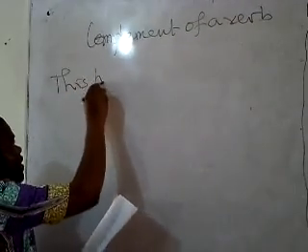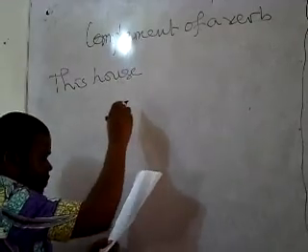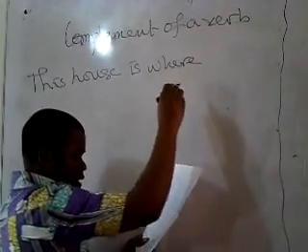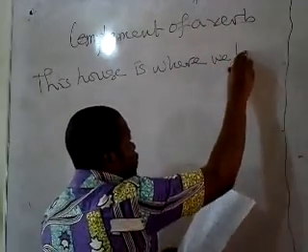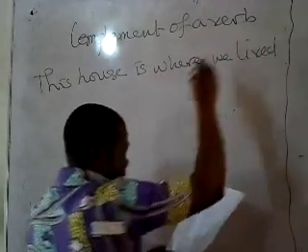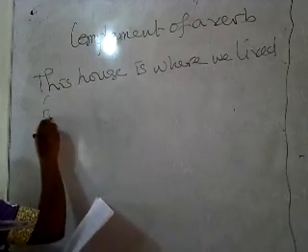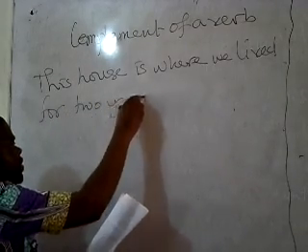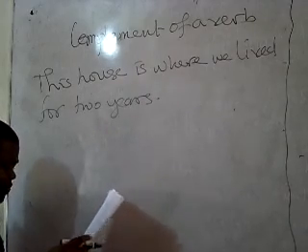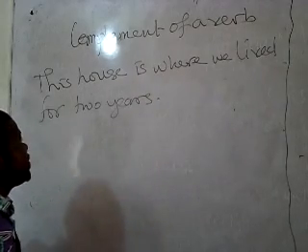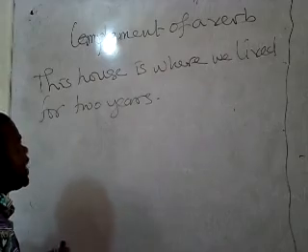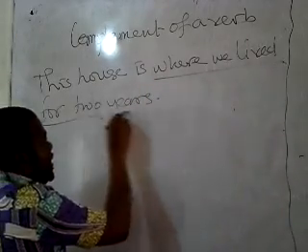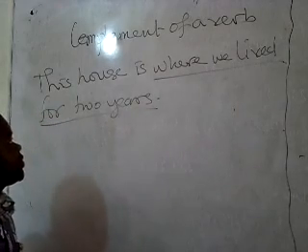This house is where we lived for 2 years. Good. So we have the underlined words as where we lived for 2 years.